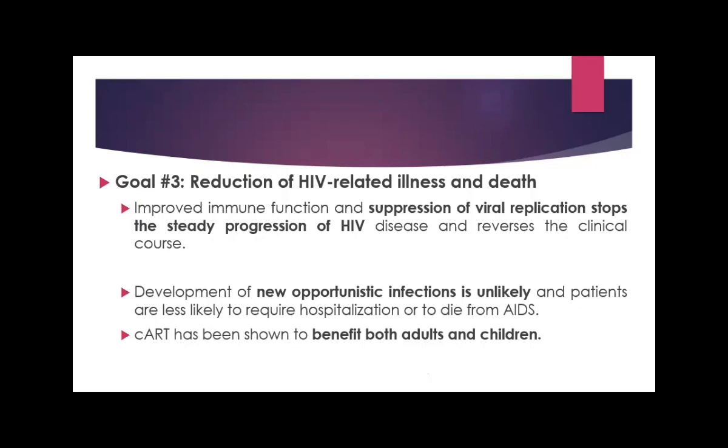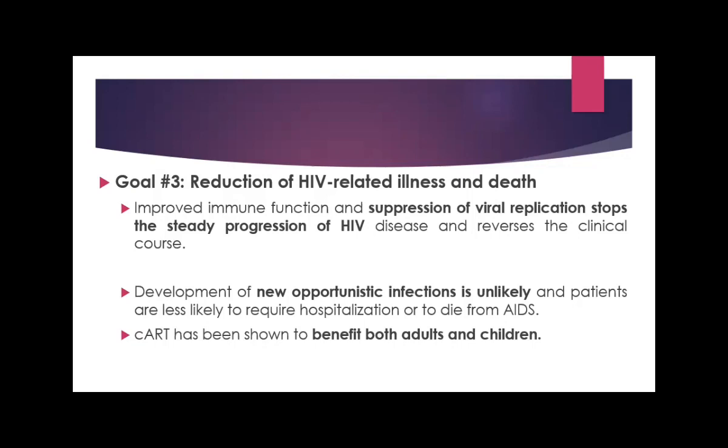Goal number three is reduction of HIV-related illnesses and deaths. As the immune function improves and viral suppression in the patient is achieved, it will stop the progression of HIV disease into the latter stage, which is AIDS and later on death.